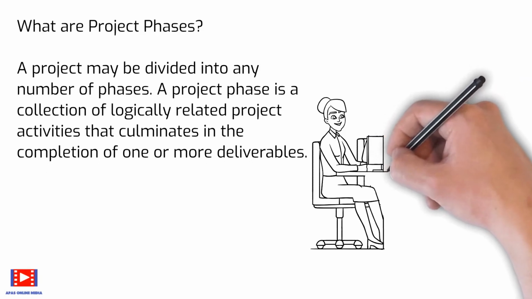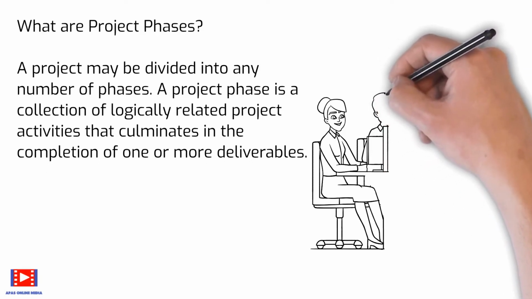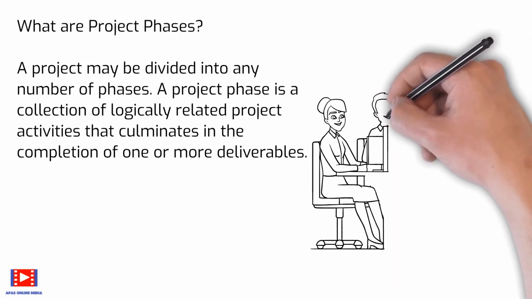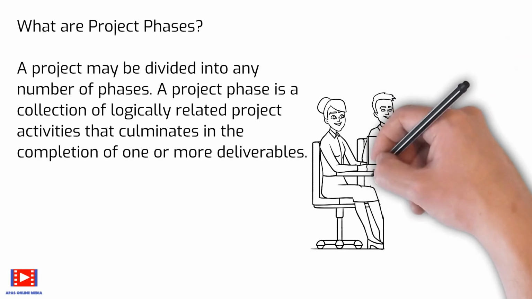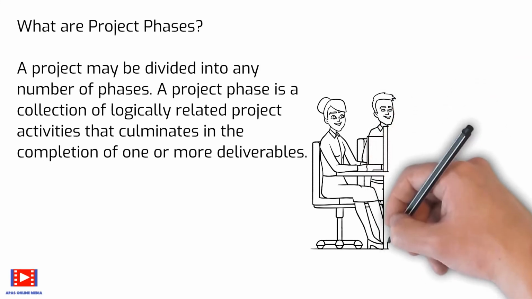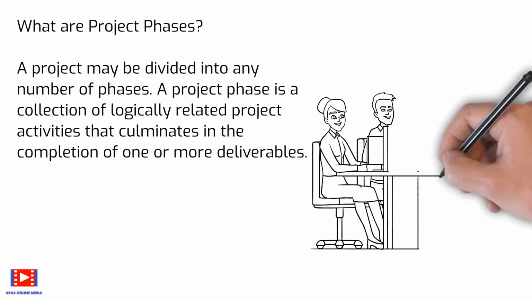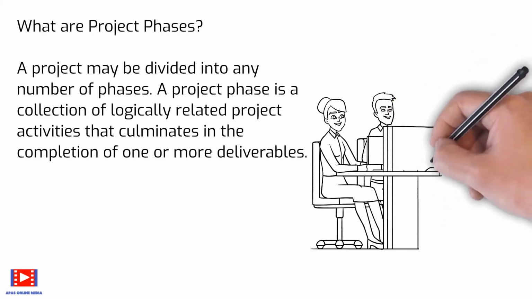Project phases typically are completed sequentially, but can overlap in some project situations. Different phases typically have a different duration or effort. The high-level nature of project phases makes them an element of the project life cycle.